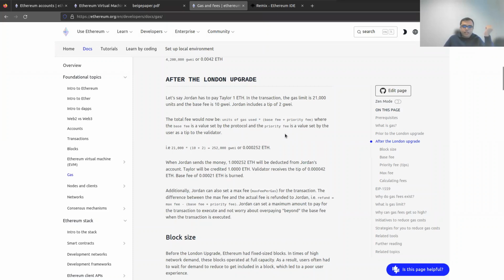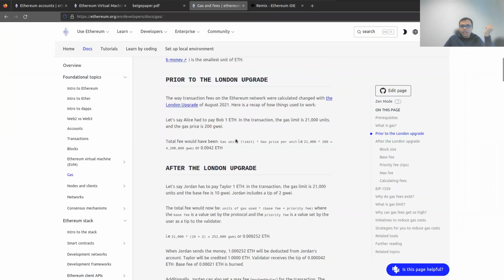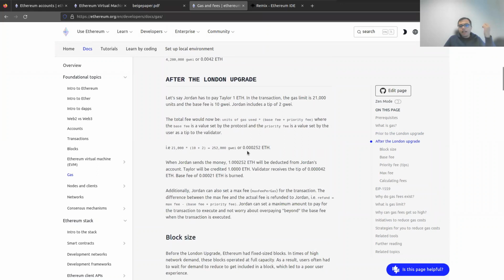Okay? Now, previously, all the transaction fee that you paid used to go to the miner, but now part of the transaction fee you pay goes to the miner, so the priority fee part goes to the miner, but part of it is burned. And by burned, I just mean that the money will not go to anyone. This is just some strange decision that they made recently to make sure that they don't have too much inflation in the network.